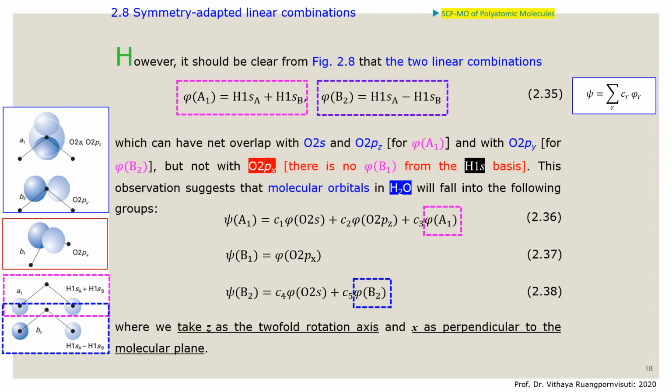And the third and last equation, psi B2, is equal to C4 times the 3 O 2S orbital plus C5 times the 3 B2, which is the symmetry adapted linear combination. Of course, we take C2 as the two-fold rotation axis and X as perpendicular to the molecular plane.